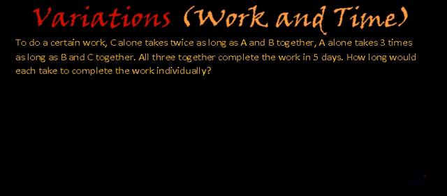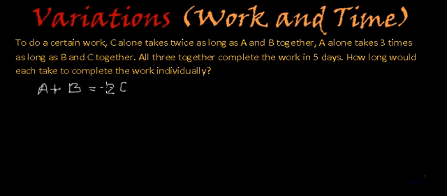So if we read the statement again, it says to do a certain work, C alone takes twice as long as A and B together. This means the working capacity of A plus the working capacity of B is 2 times the working capacity of C, right?